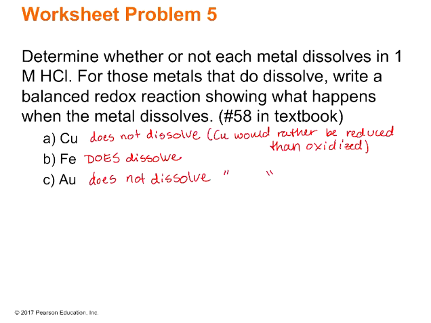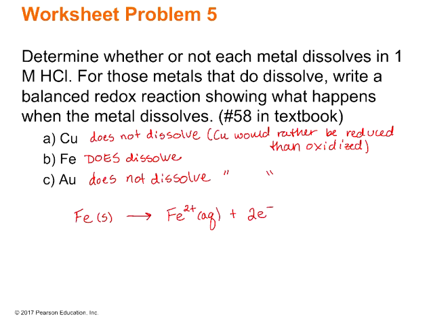All right, so now that we figured out that iron can dissolve in hydrochloric acid, let's write a balanced redox reaction showing what happens when the metal dissolves. For this one, I'm going to use Fe solid, and I'm going to use the 2+ ion for this because it'll just be easier to balance.